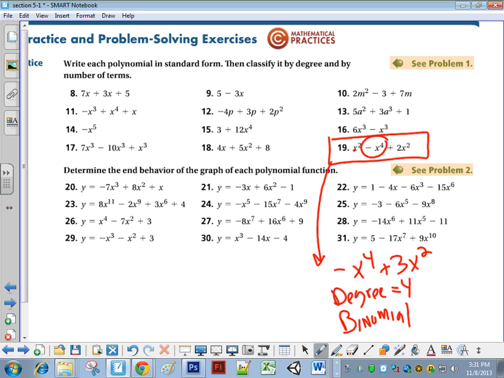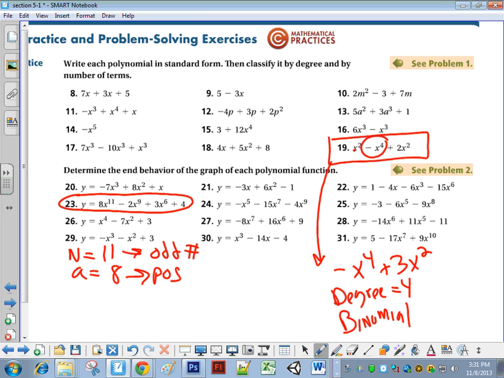All right, let's look at end behavior. I'm going to go to this number 23. Now the degree, n, equals 11, and that is an odd number. The a, which is the leading coefficient, is 8, and that is a positive number.